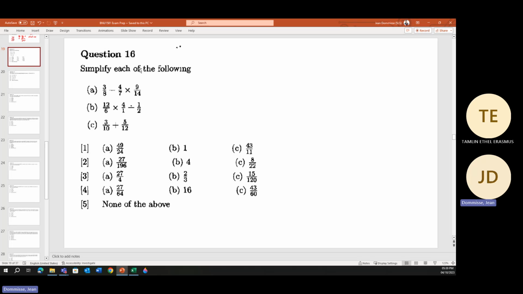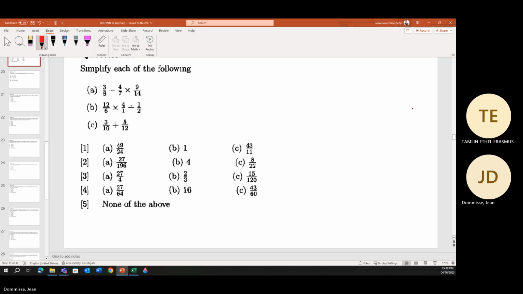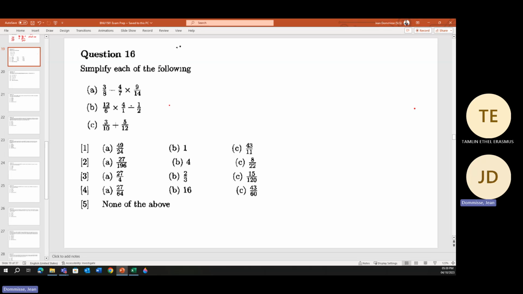Okay, so let's look at this one. We're going into simplification again, but what they've done with this one is a bit different. They've given you three problems that you need to work out.